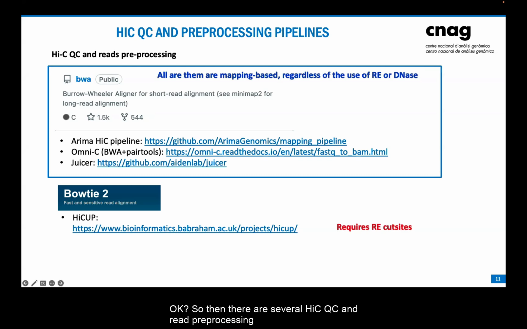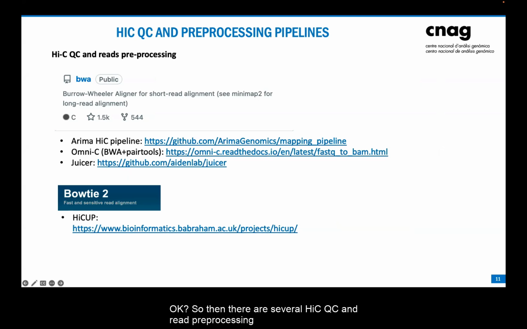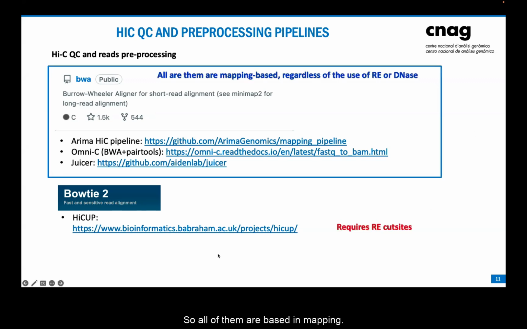Okay, so then there are several Hi-C QC and read preprocessing pipelines, because we're interested in doing the QC, but also in preprocessing the alignments to be able to use them for scaffolding. So all of them are based on mapping, and in the case of these three, the HiC pipeline, the Omni-C, and the Dovetail, they are mapping based, regardless of the use of restriction enzyme or DNAs.